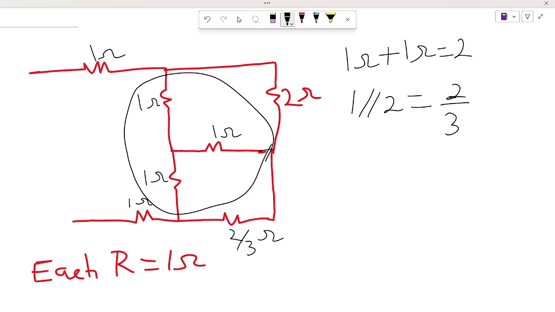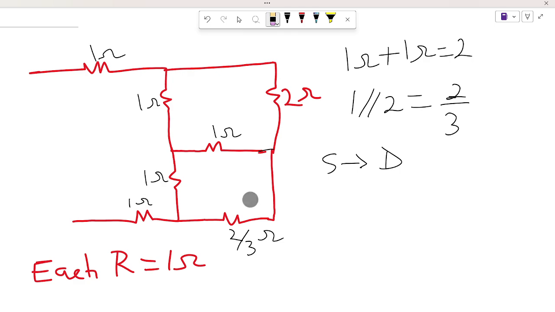So we can convert it to a delta format to see whether we can simplify it more. So this one we are going to look at star to delta transformation. We are going to indicate it this way, and we are going to have one more in this direction.